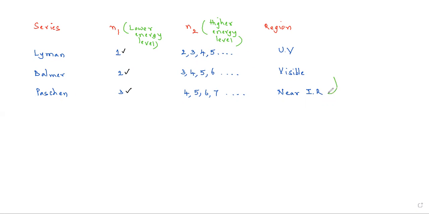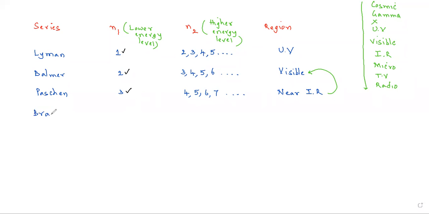That means infrared region nearer to visible region. We know that the order goes this way: UV, then visible, then IR, right? Of course, you have cosmic, gamma, X-rays, then UV, visible and IR, then microwaves, TV waves, and radio. This is the order, right? Already given this order.